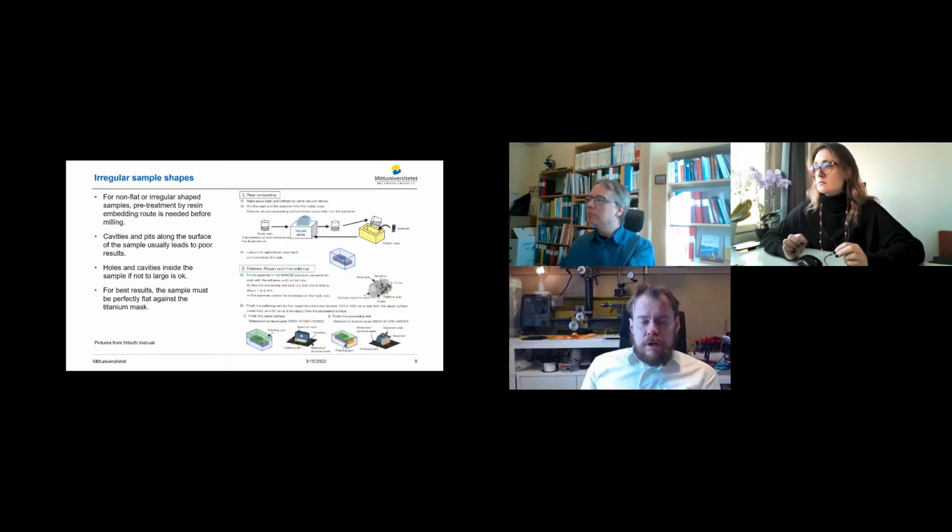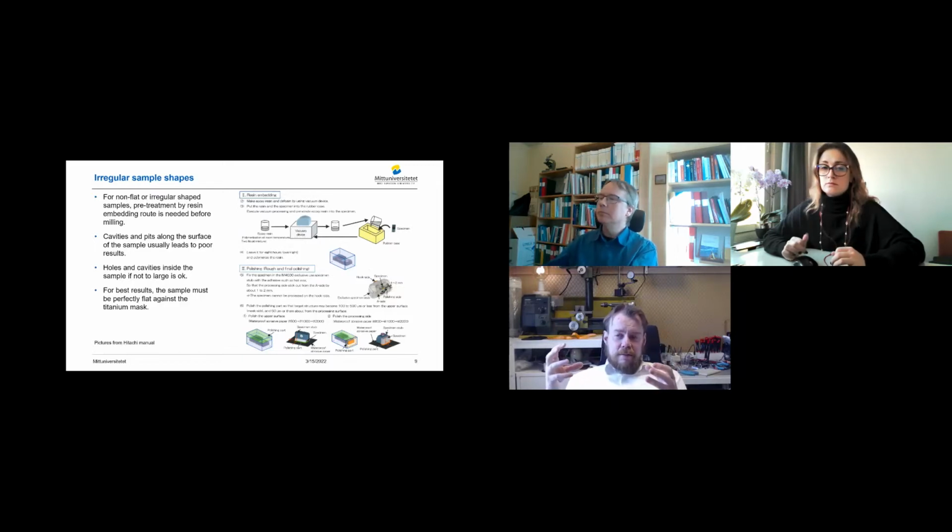If you have more complex samples, or more irregularly shaped samples, like surface mounted components on circuit boards or some other complex thing that you want to study, this machine has some requirements.